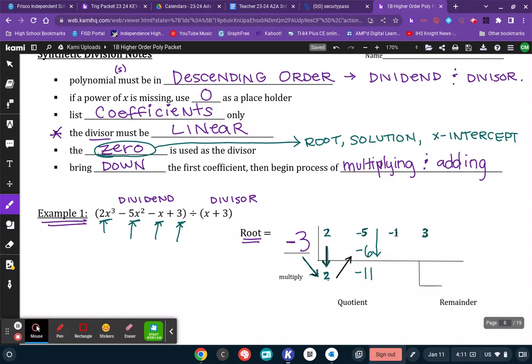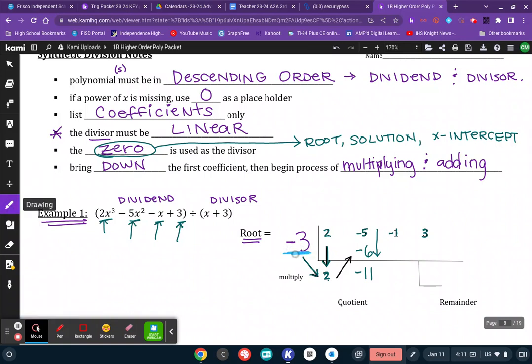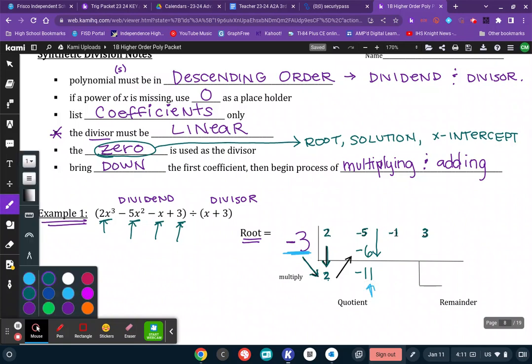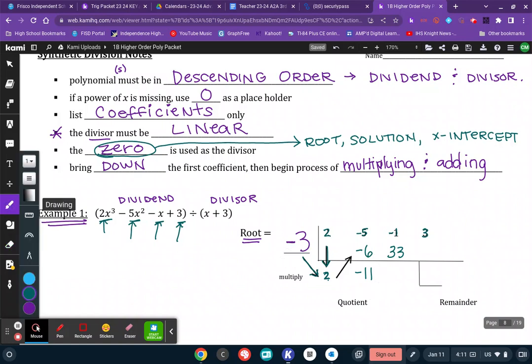And then go again. We're going to multiply -3 times -11. -3 times -11 is positive 33, and I'm going to put that answer here. Now I'm going to add straight down the column. That gives me 32.